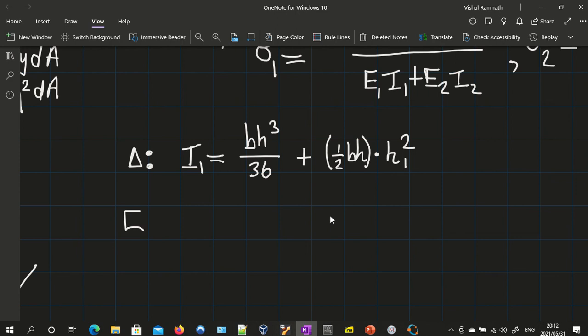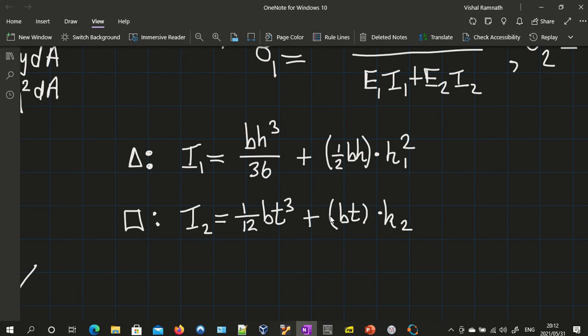And then for the rectangle, we all remember the standard formula, 1/12 breadth height cubed, plus area times the distance from the centroid to the neutral axis squared.